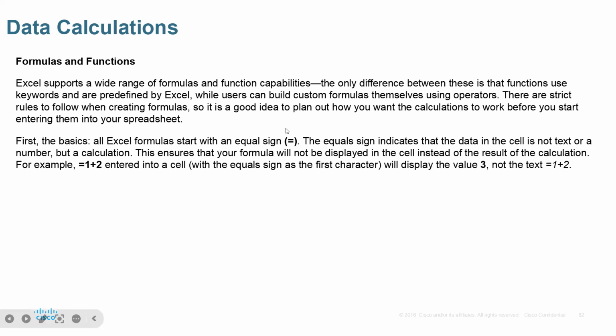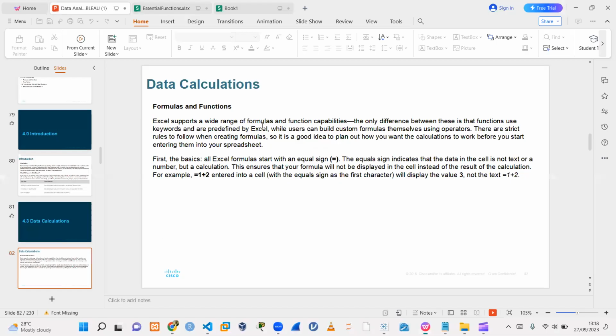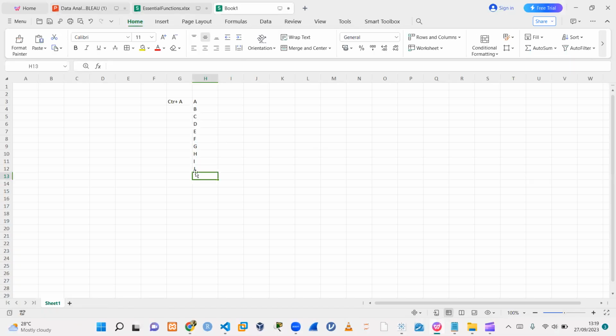So don't forget, for formulas and functions, you need an equal sign. You put an equal sign first before you put the calculation. And formulas are always referenced. Don't forget, L1 over L7 is going to pick that particular cell.